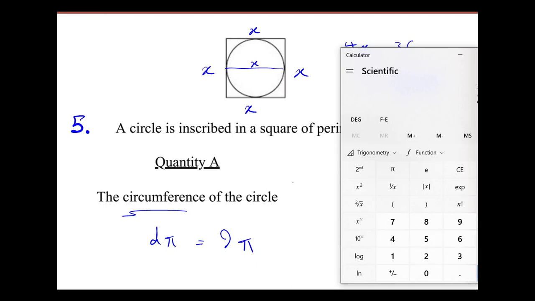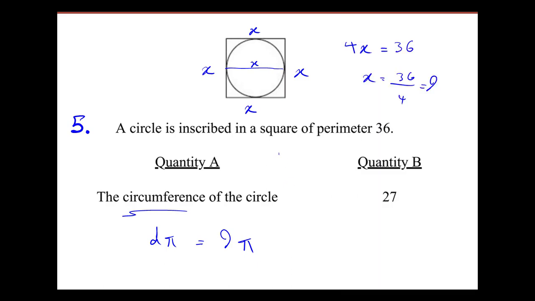Oh, it's 28 and something. So for sure A is bigger. So the answer is A. Also we could say that 27 is 9 times 3. It's pi times 9 and 3 times 9. Pi is more than 3, so this one is bigger.